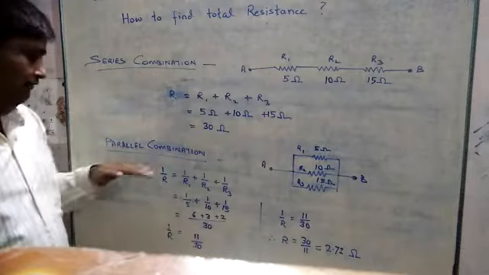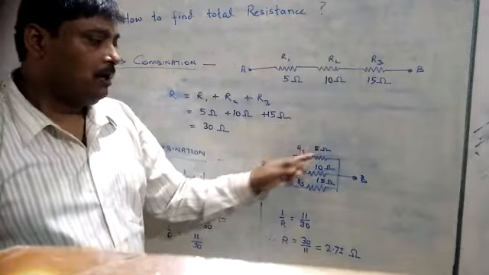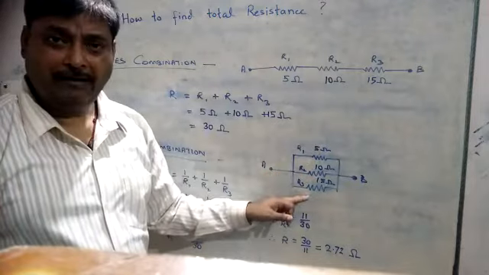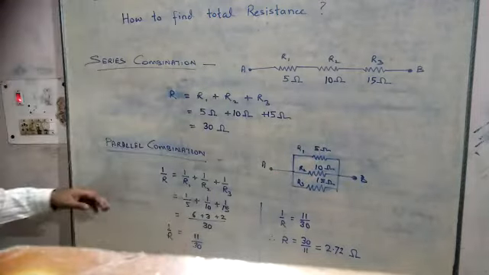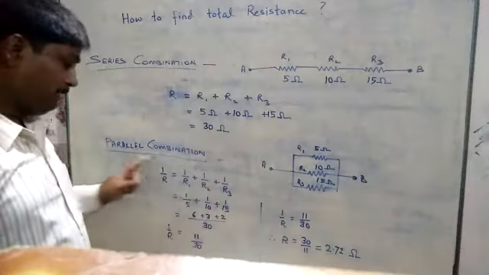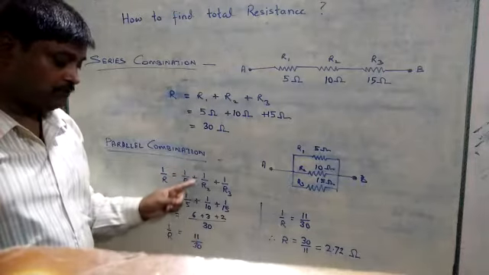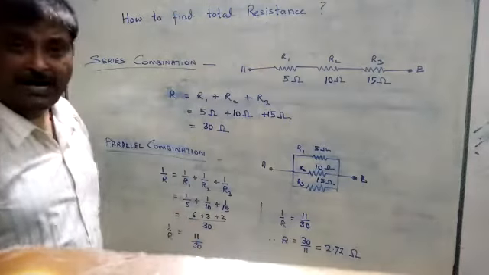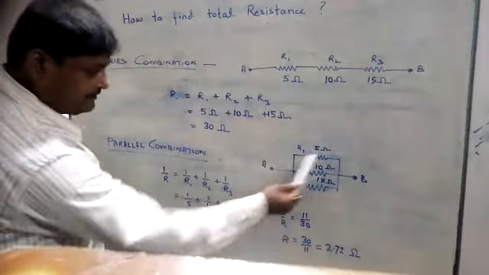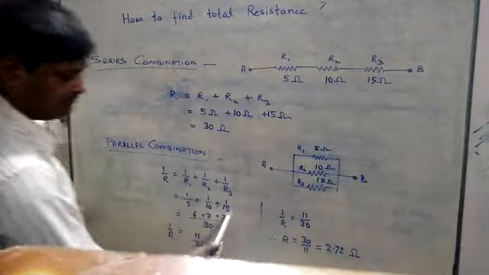Now when we take the parallel combination, we have the same values of 5 ohm, 10 ohm and 15 ohm. The formula is 1 upon R equals 1 upon R1 plus 1 upon R2 plus 1 upon R3. The value of R1 is 5, R2 is 10 ohm and R3 is 15 ohm.